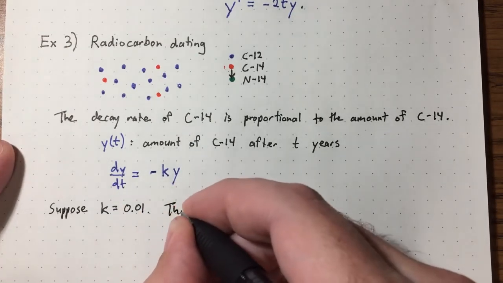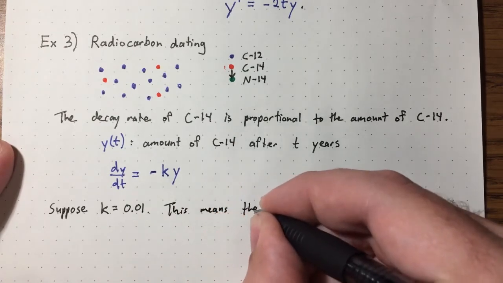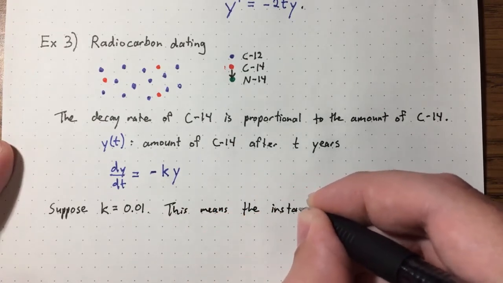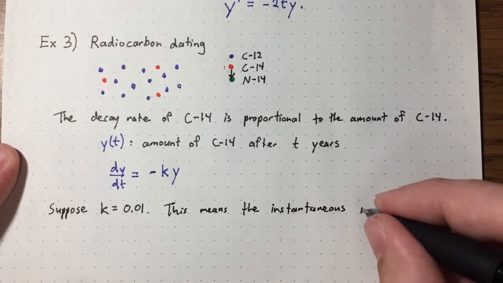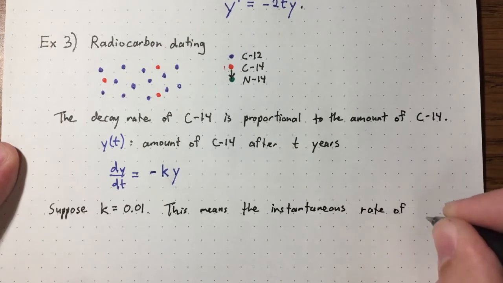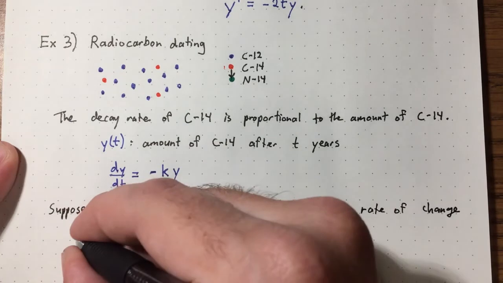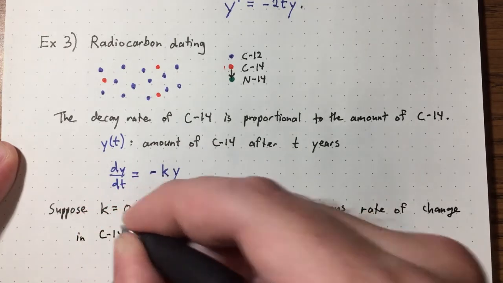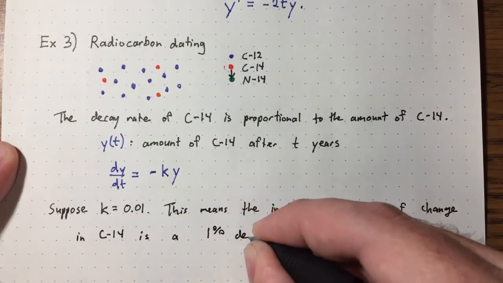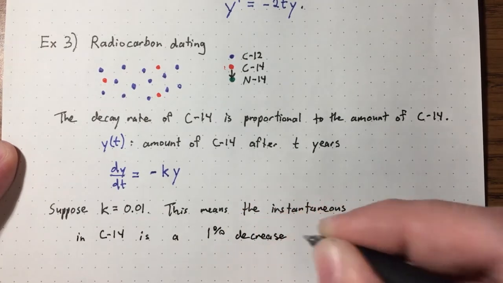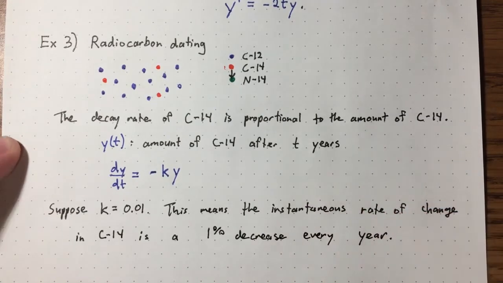This means that the instantaneous rate of change in the carbon-14 amount is a 1% decrease every year. It's around 1% decrease every year, okay?